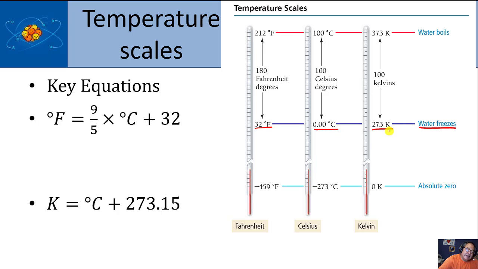Now, the way the Fahrenheit scale is set up is there's exactly 180 degrees between the freezing and boiling of water. In the Celsius scale, which makes way more sense, there's just 100 degrees Celsius between the freezing and boiling point of water. It just makes more sense to have 100 degrees there, but I don't know.